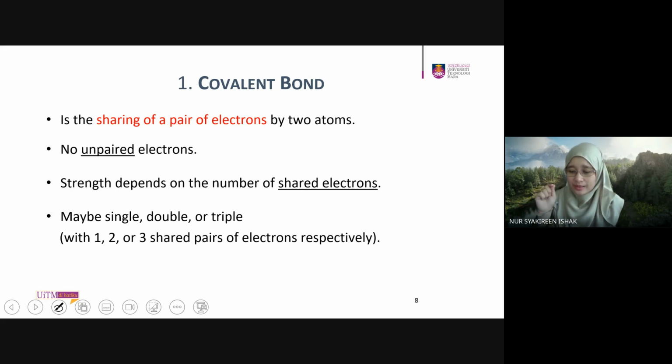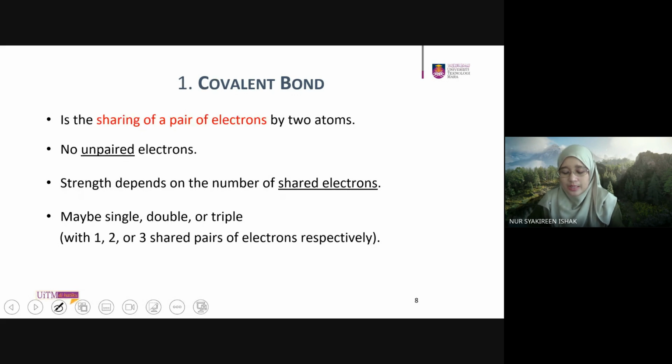In order for two atoms to form a covalent bond, they must make sure that they obey the octet rule, so they leave no electrons unpaired. The strength depends on the number of shared electrons.